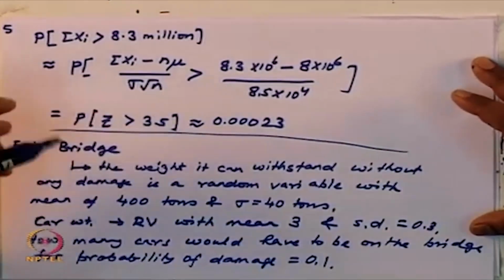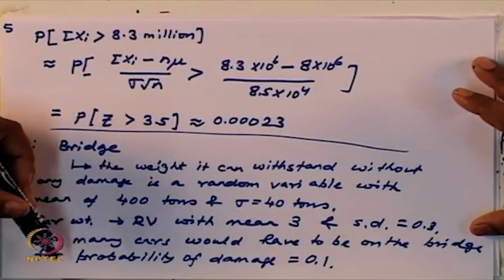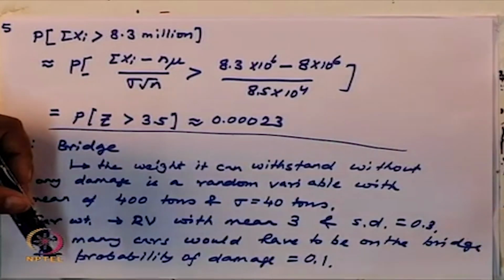Okay. So, what this question tries to understand is how many cars the bridge can bear. So, there is damage of 0.1.